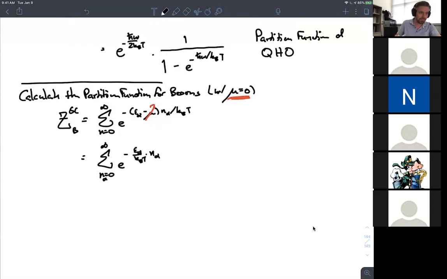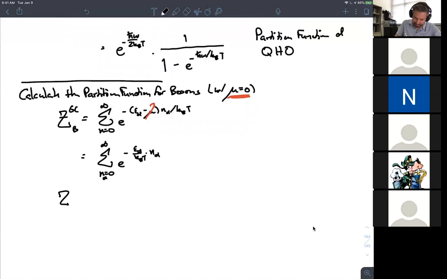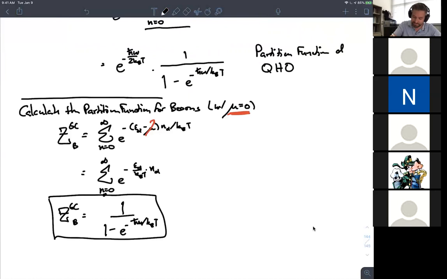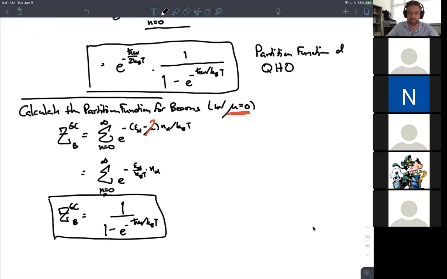And this gives you the Bose-Einstein distribution. When you evaluate this, what you get is 1 over 1 minus e to the minus h bar omega over kT. So you see this is exactly the same as what we got here for the oscillations of our crystalline lattice.